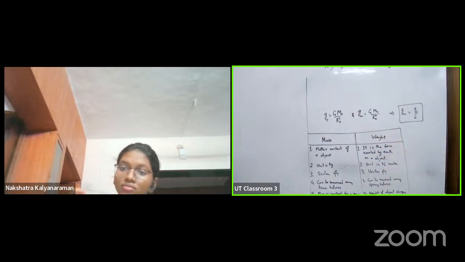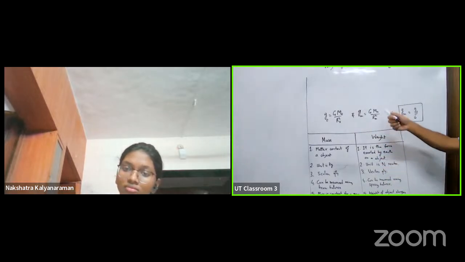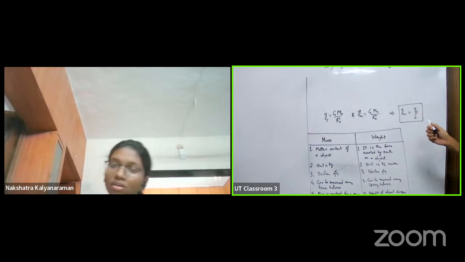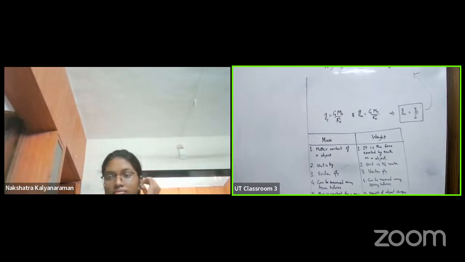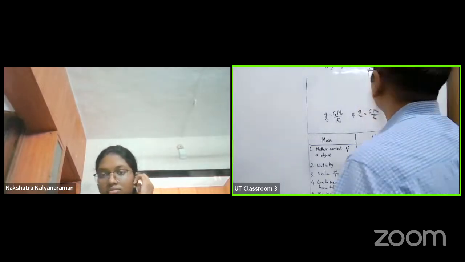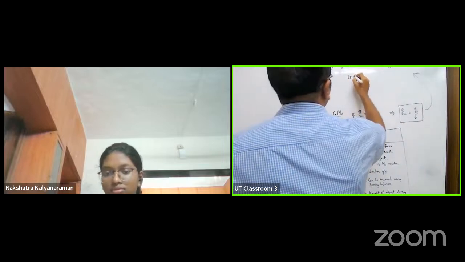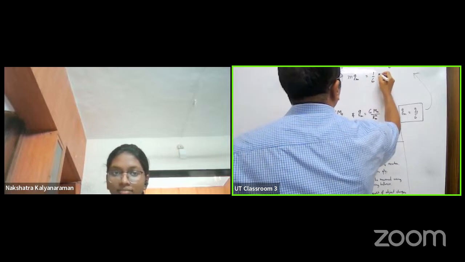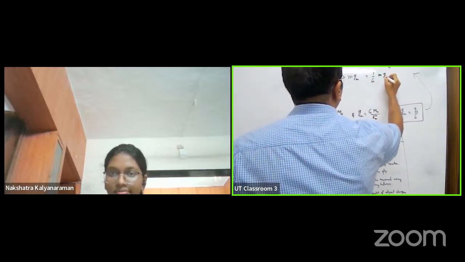All this data is given in your textbook, right? So when you take the ratio of g moon by g Earth, you will get gm by g is equal to 1/6. That's why, because mass will be the same. On Earth the mass will be m. So the weight of the object on the moon is m into gm, and this will be equal to 1/6 into m into g Earth.